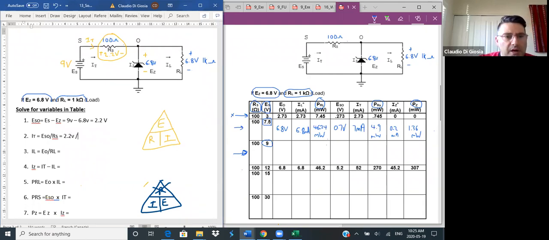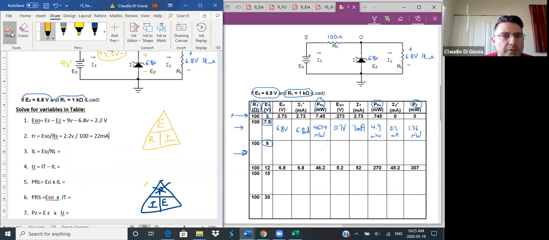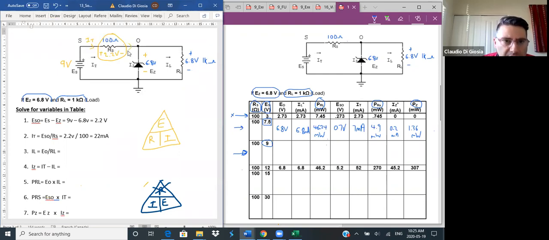And we're going to divide by RS, which is a given value, 100 ohm. So 2.2 divided by 100 will give us 22 milliamps. So I'm going to draw that in as well. My current here is 22 milliamps.